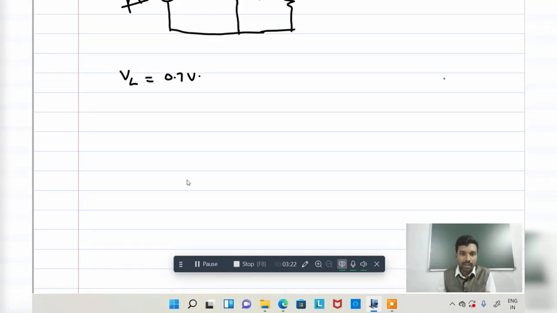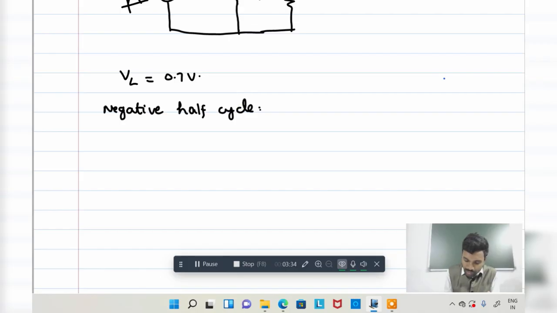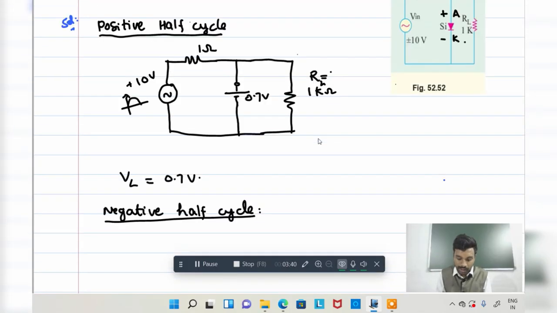Next we are moving to the negative half cycle. Before going to the negative half cycle, just see here the 0.7 volt output waveform.